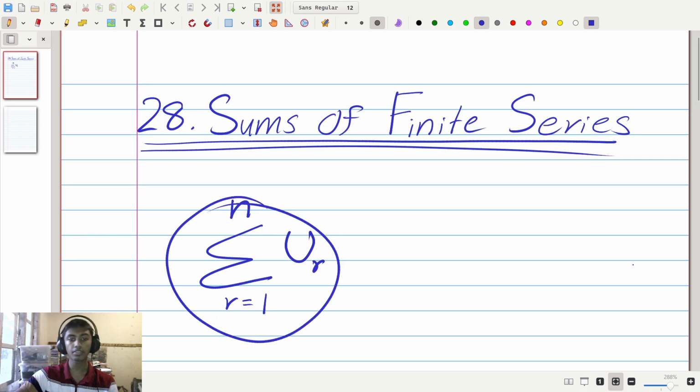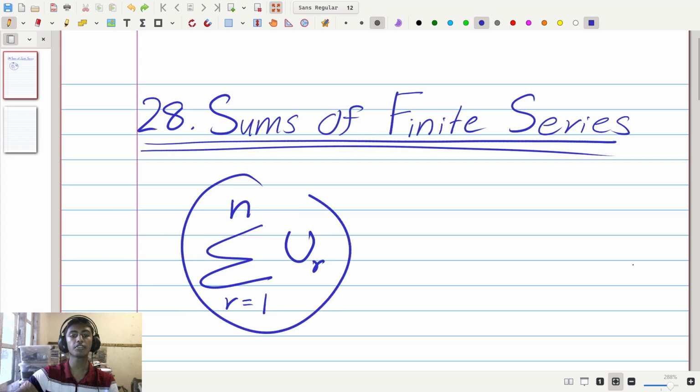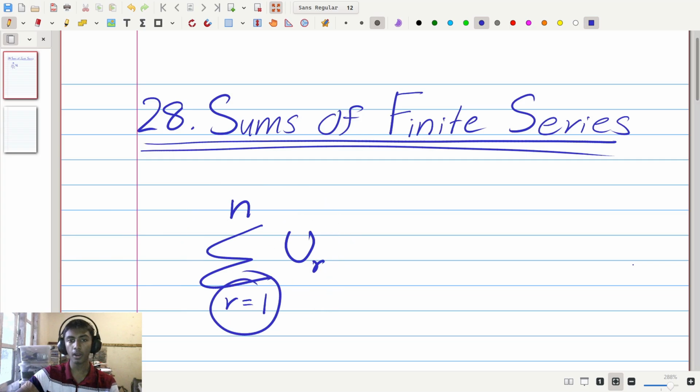If we consider this summation as a whole, what this summation is representing is the value of u of r when r is equal to 1, plus the value of u of r when r is equal to the next value, which is going to be 2, plus the value of u of r when r is equal to the next value, which is going to be 3, and so on and so forth, all the way up to u of r when r is equal to n.